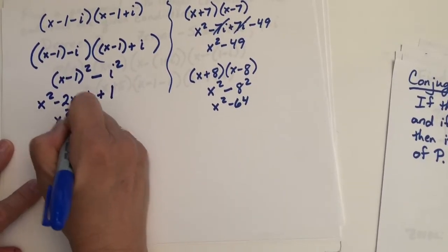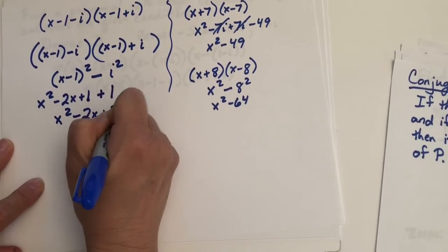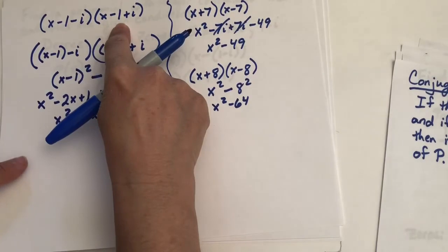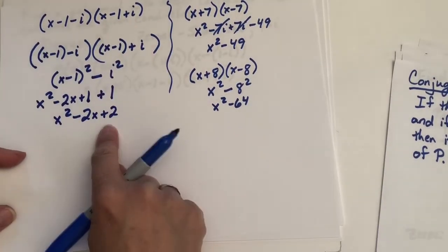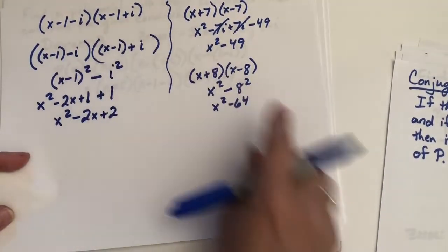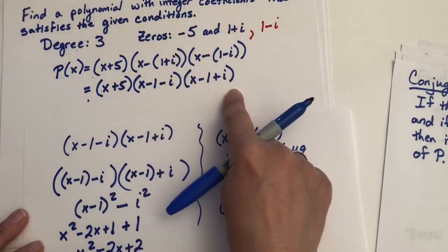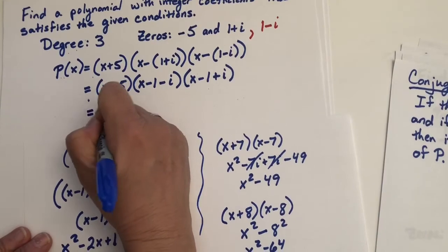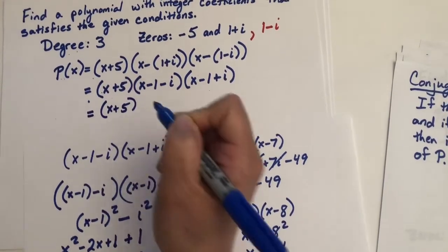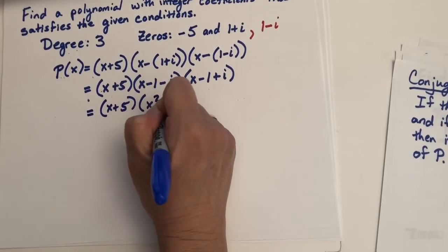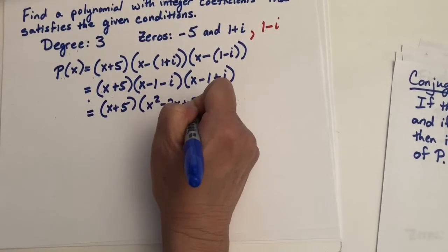So we have x squared minus 2x plus 2. So here is the product of that expression. Right here. Here's the product of this expression. So let's substitute that in right here. So our result was this. x squared minus 2x plus 2.